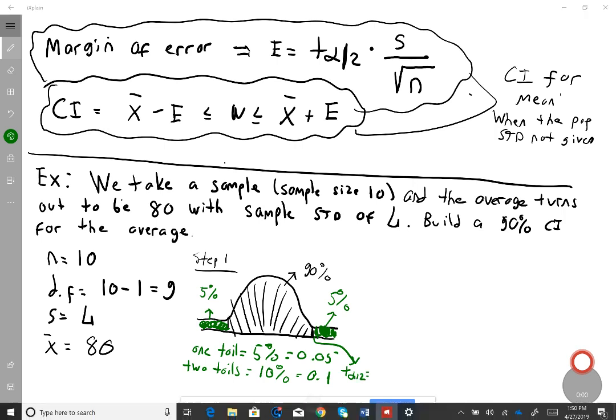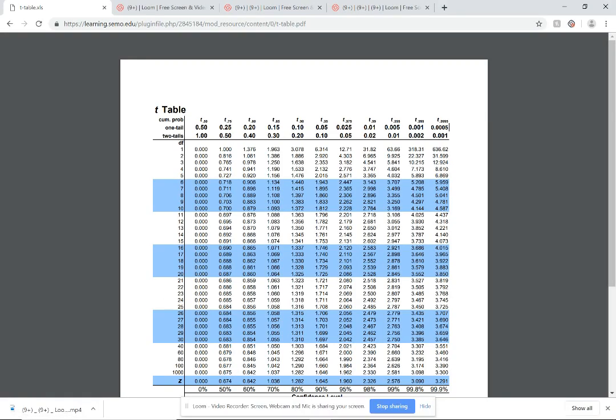All right, so let's look at the t table again. Degrees of freedom was 9, that's given here. One tail was 5%, and two tails was 10%. Not sure if I can highlight it.